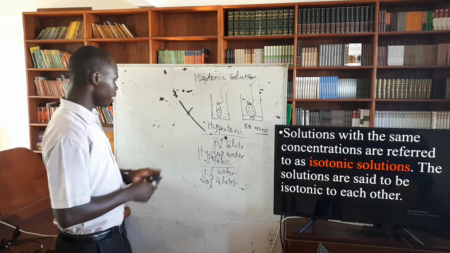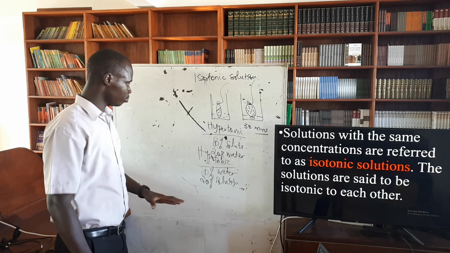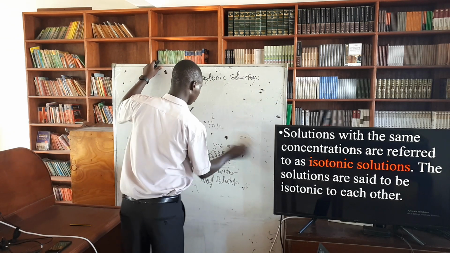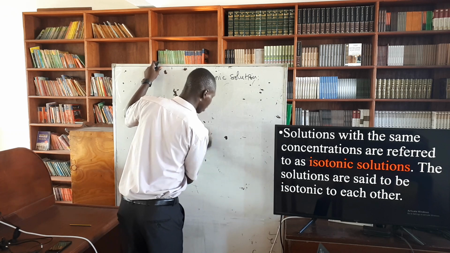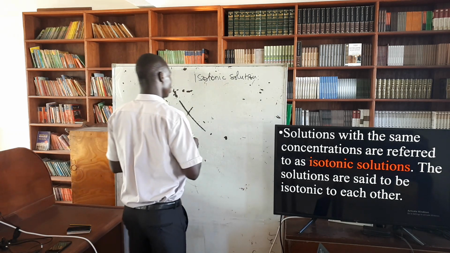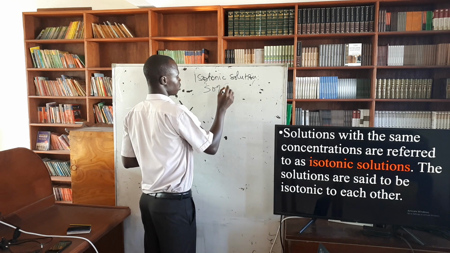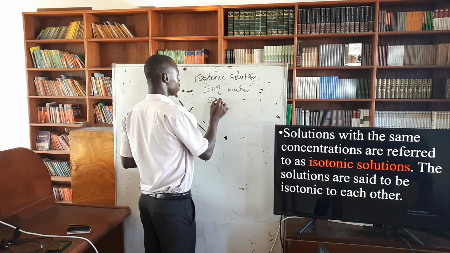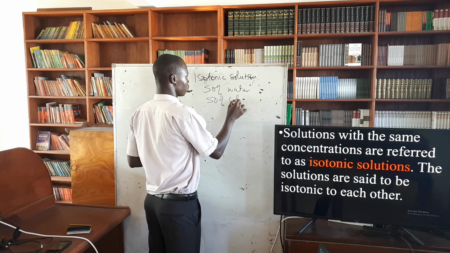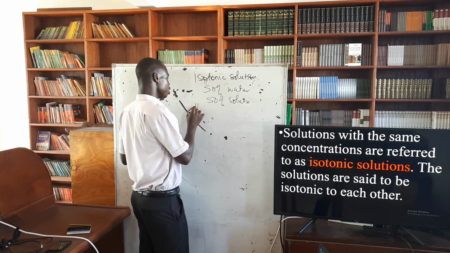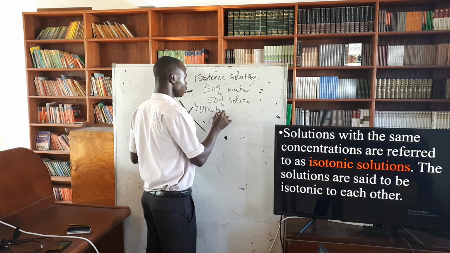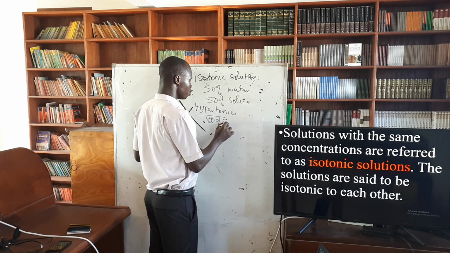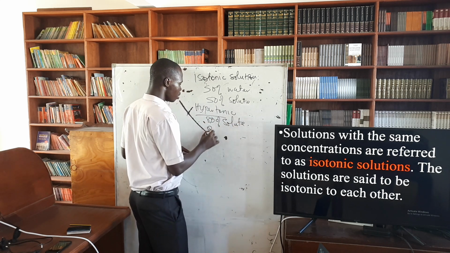Now, coming back here, we have three types of solution. Isotonic: 50% water, 50% solute. Then hypertonic: 80% solute, 20% water.